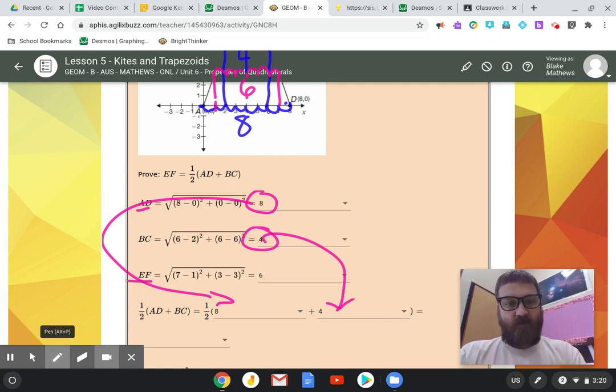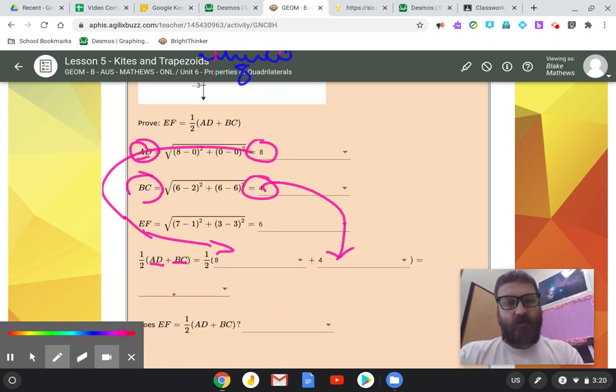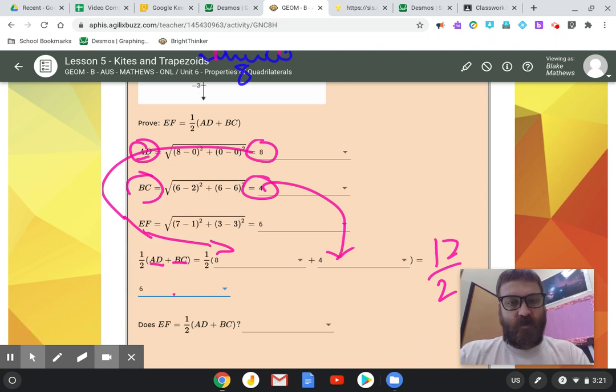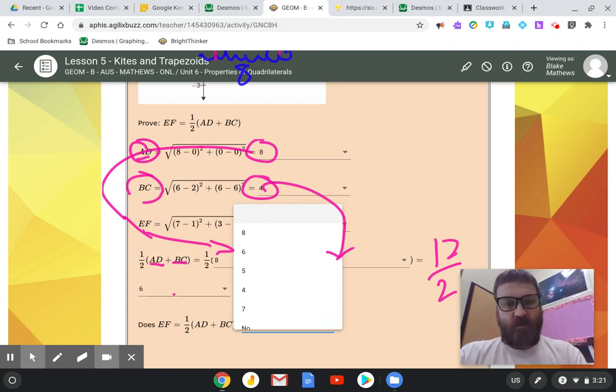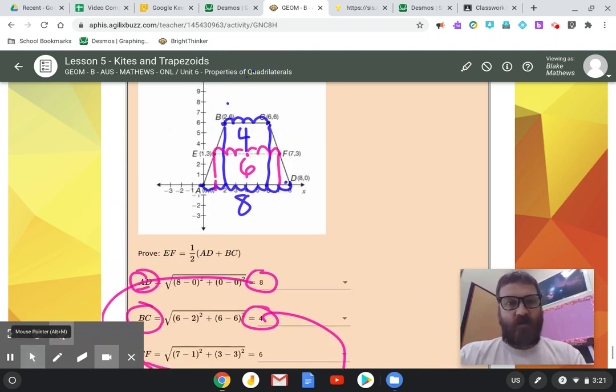AD and, sorry, not EF, AD and BC. We're taking these, and we're putting it here and here. What does it equal? Well, we already know the answer. It equals 6, because 8 plus 4 is 12, divided by 2 is 6. Does EF equal 1/2 of AD plus BC? Of course it does. We know that because this is an isosceles trapezoid. So the answer is yes.